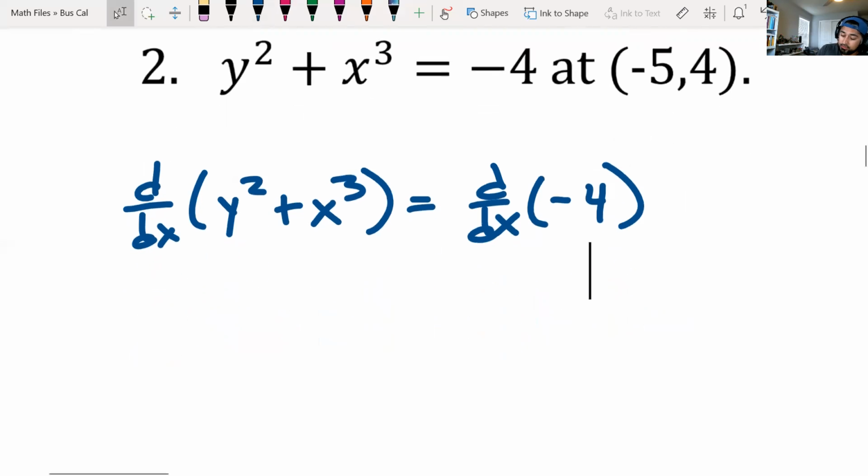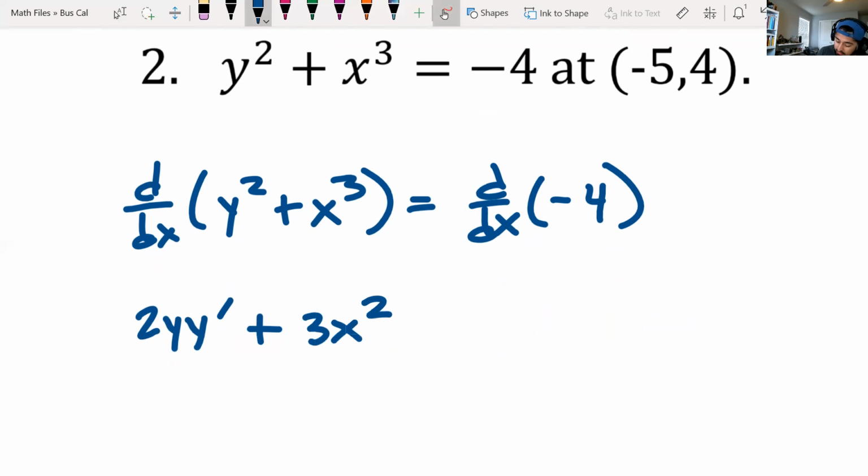So the implicit derivative of y squared with respect to x, if you look above at the legend on your paper, would be 2y y prime, plus the derivative of x cubed is just 3x squared, equal to 0, the derivative of -4.